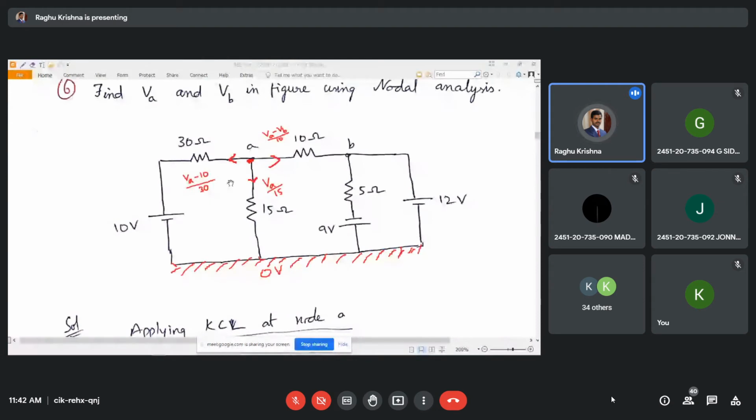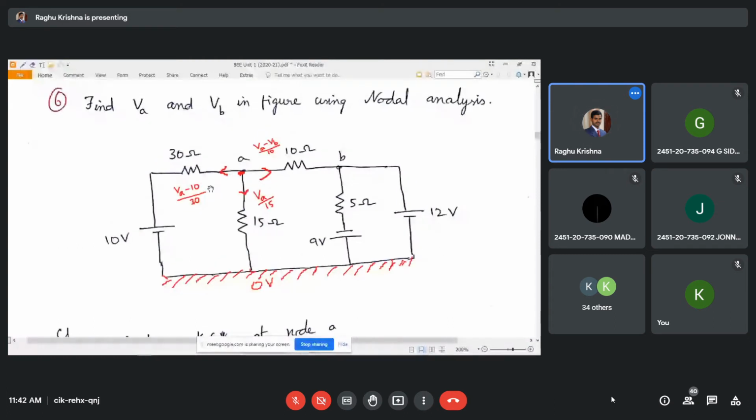Have you understood this? Let me explain once again. The current flowing through this 30 ohm resistor is VA minus 10 by 30. Here this is VA, this is the direction of the current I have assumed. VA minus 10 by 30, see here, positive terminal, negative terminal. 30 means the value of the resistor.